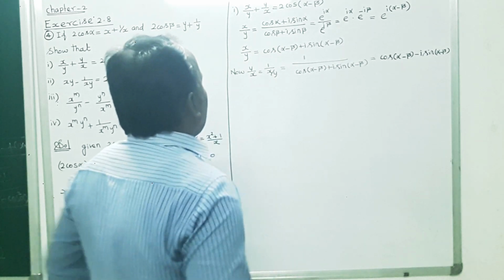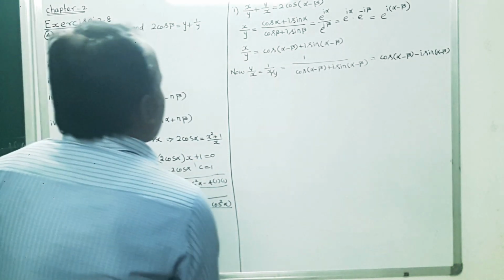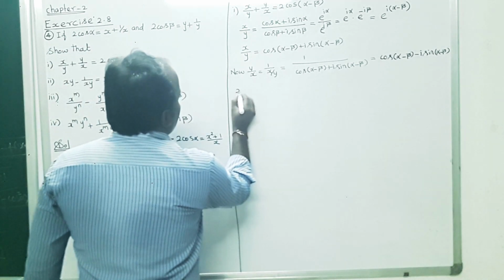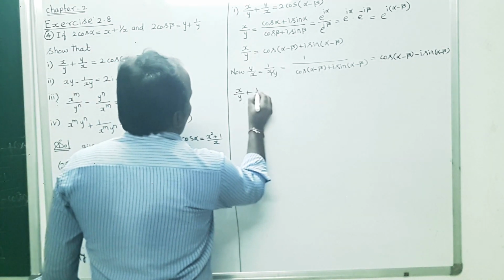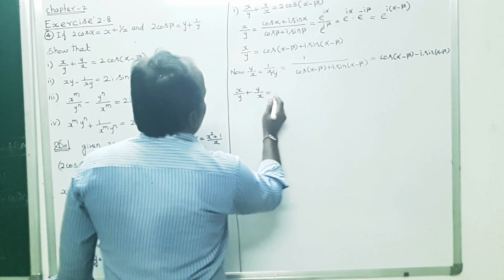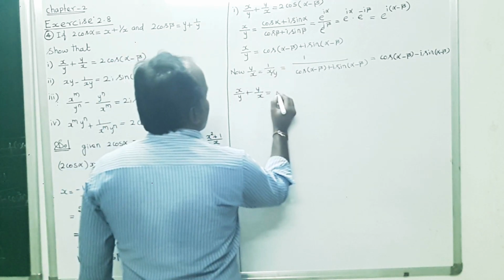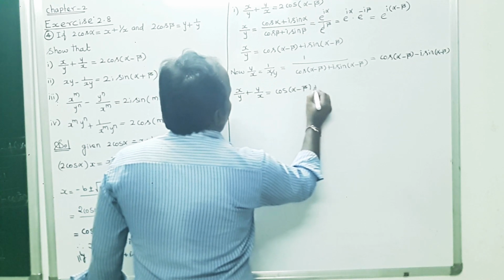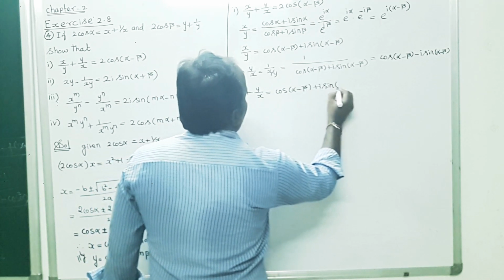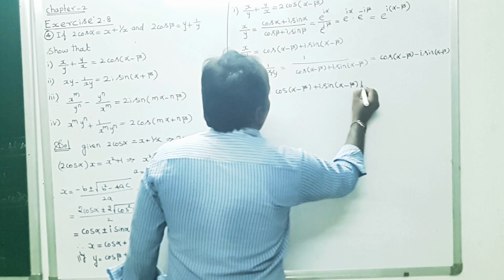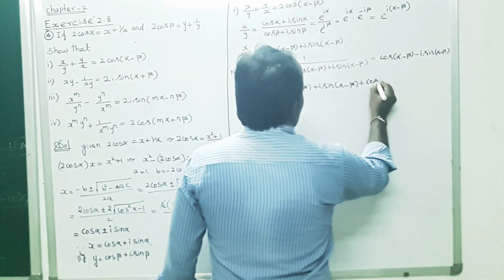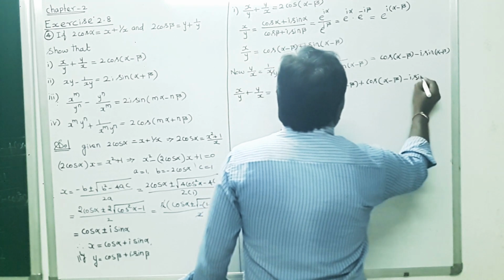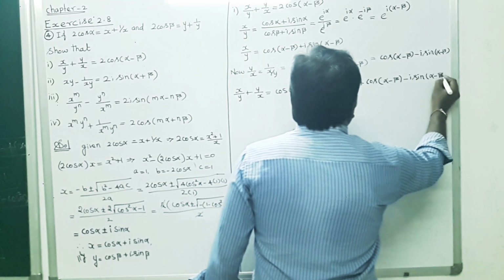The next, adding the first equation and the second equation. So x by y plus y by x is equal to cos of alpha minus beta plus i sin of alpha minus beta plus cos of alpha minus beta minus i sin of alpha minus beta.